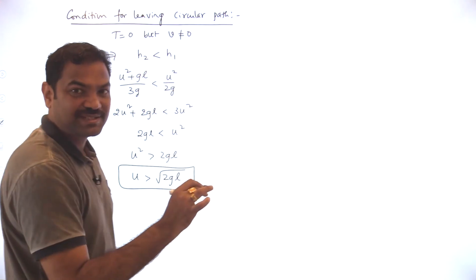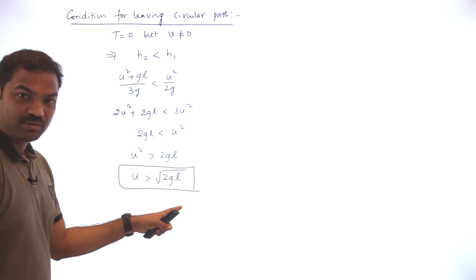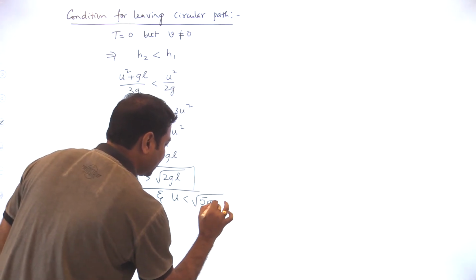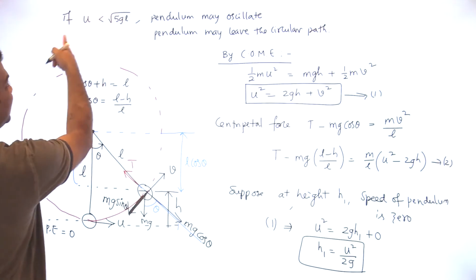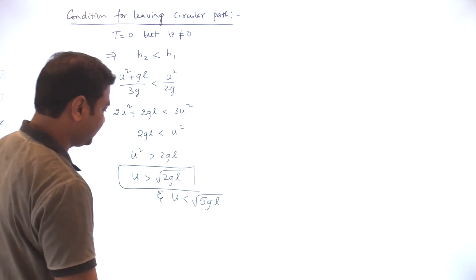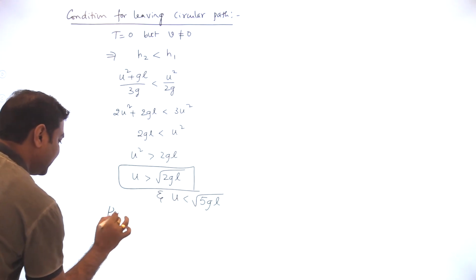So root 2gL is the boundary condition. Less than root 2gL, the pendulum will oscillate. More than root 2gL, of course u should be less than root 5gL. We are talking only about less than root 5gL. If it is more than root 5gL, it will complete the vertical circle. So whenever this condition is valid, the pendulum will leave the circular path.